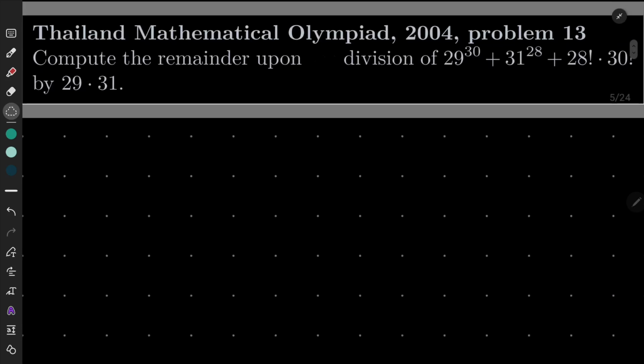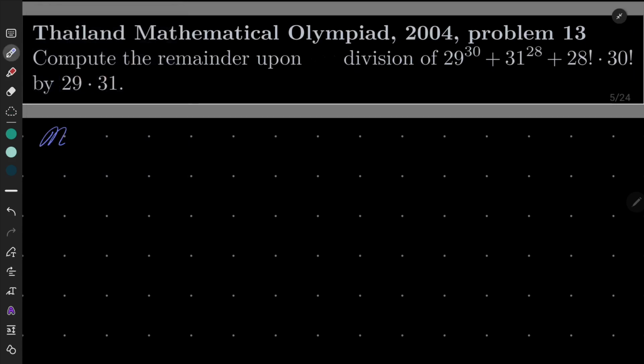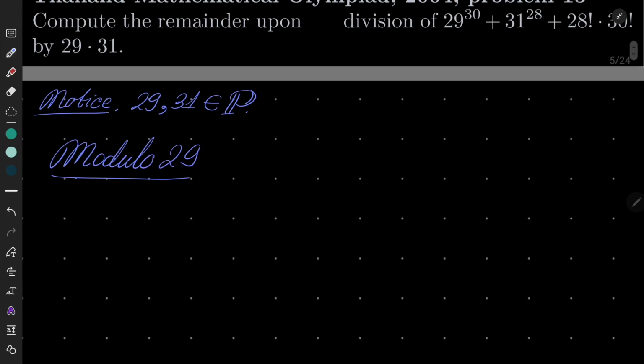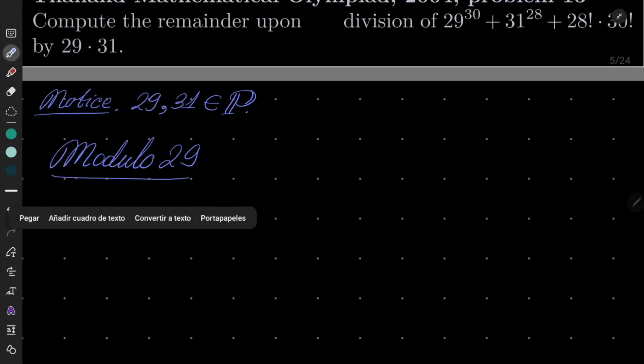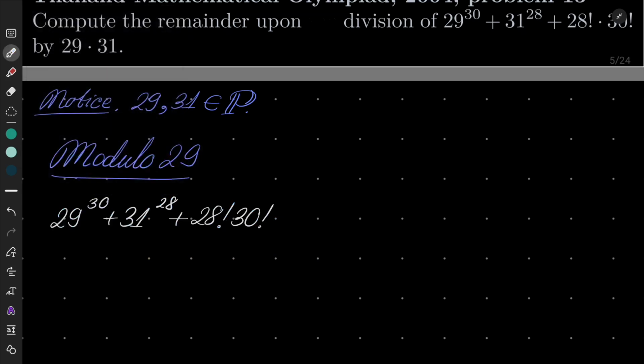Okay, so my solution. Let's notice, first of all, that both 29 and 31 are in fact primes. And now we'll consider separately our expression modulo 29 and separately modulo 31. This expression is congruent to what?